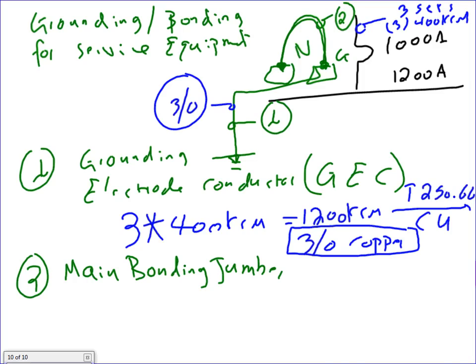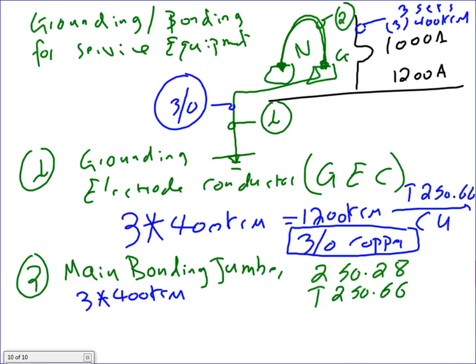Main bonding jumper. 250.28, and also table 250.66. If you guys go to 250.28 and the 250.66 table, here's how it tells you to do it. You do the same calculation. You take 3 times 400 kcm equals 1200 kcm.